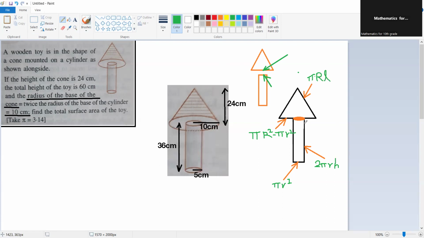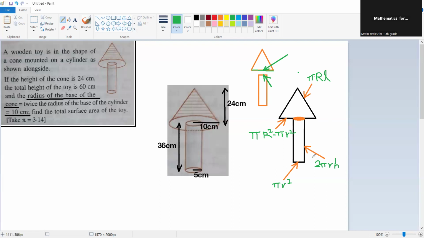So I'll just repeat. The curved surface area of the cone is pi RL. The flat surface area of the cone is pi R square, which is the total area of the base, minus pi small r square, because this area is not exposed, so we should not be accounting for it.